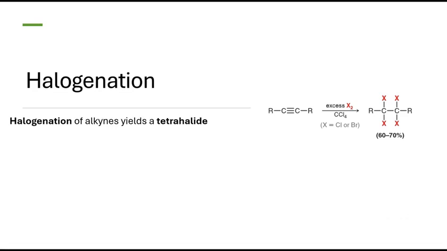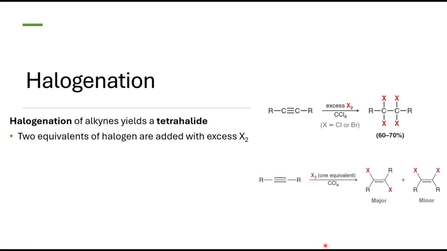Halogenation. Halogenation of alkynes yields a tetrahalide. If we have excess halogen in an inert solvent, an alkyne can be converted into a tetrahalide. Two equivalents of halogen are added with excess X2.